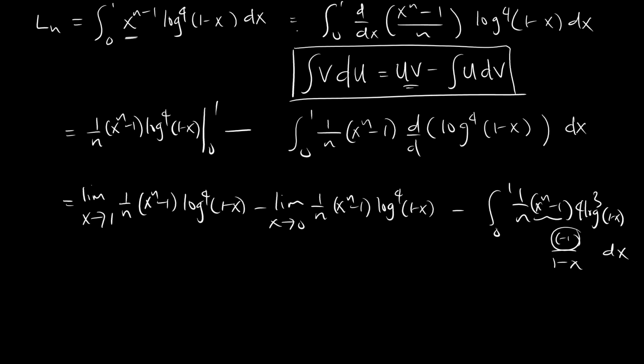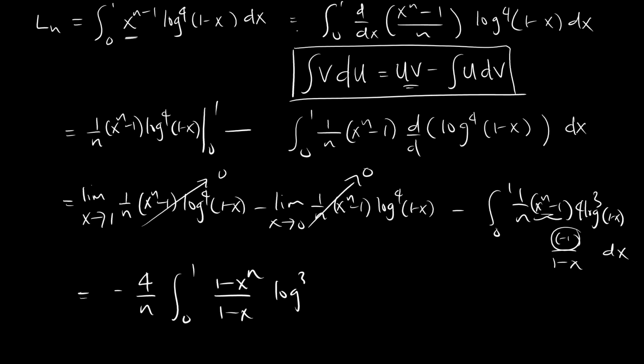Now, in our next step, we know this goes to 0, this goes to 0, so we have, let's pull 4 out, negative 4 over n, the integral from 0 to 1 of 1 minus x to the n, this negative 1 interacting with x to the n minus 1, over 1 minus x, times log 3 of 1 minus x.